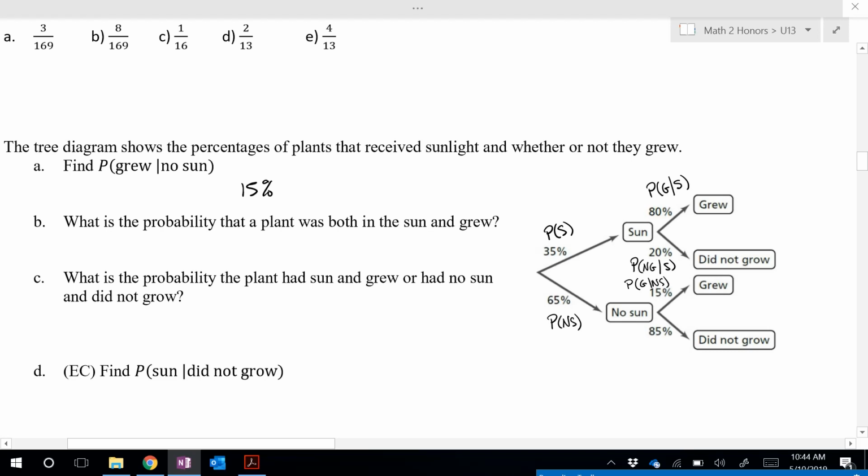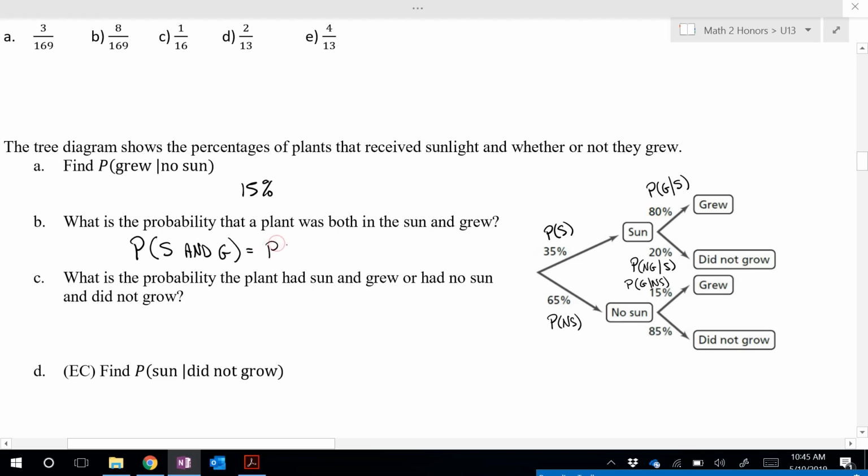B says, what's the probability that the plant was both in the sun and it grew? So this would be the probability that we have sun and it grew. All right. Think about your formula. What times what equals this?